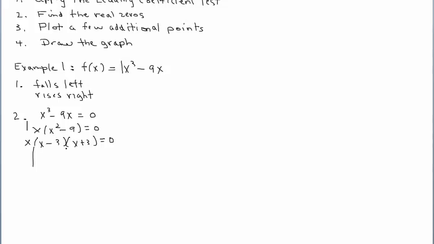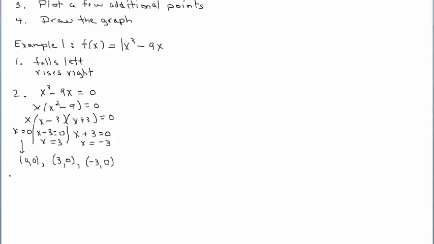Set each factor equal to 0. So these are our zeros, which again means these are our x-intercepts. So if x is 0, y is 0. Another point on the graph would be when x is 3, y is also 0. And when x is negative 3, y is 0. So we'll use those to help us in sketching the graph too.